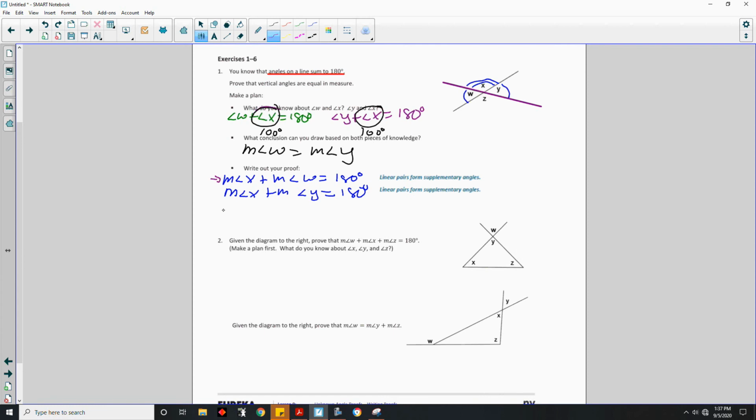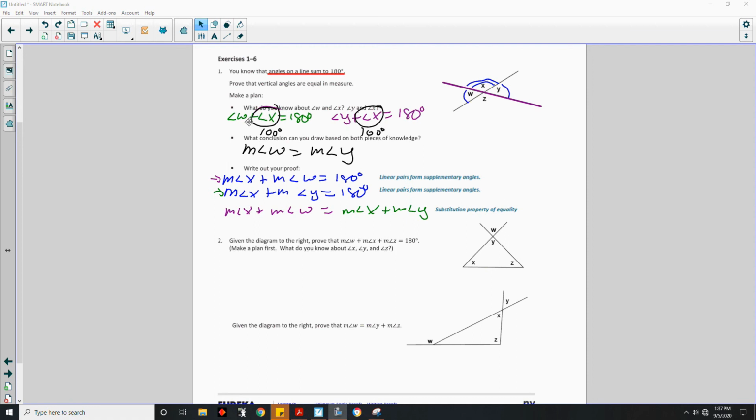So now we can say the measure of angle X plus the measure of angle W equals this. The measure of angle X plus the measure of angle Y. Since they're both equal to 180, they're equal to each other. You can call that two different things. Okay, you can say substitution property of equality, or it's a transitive property.